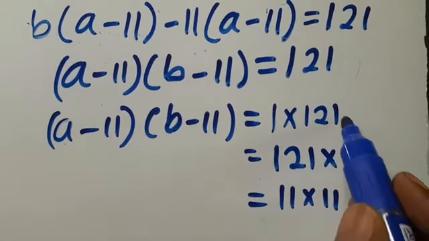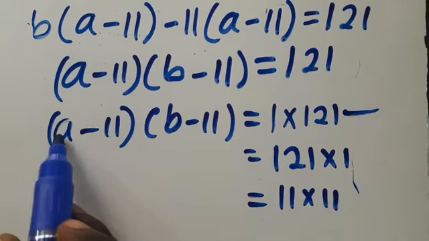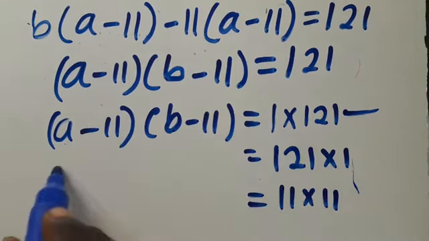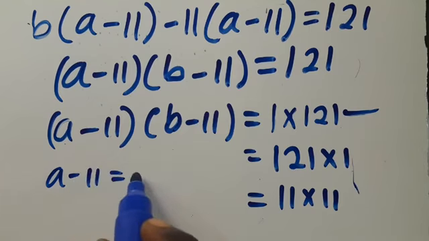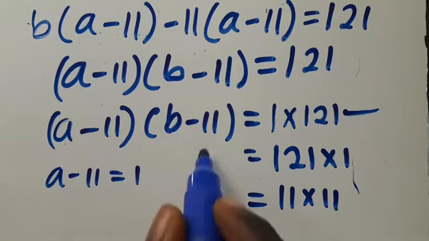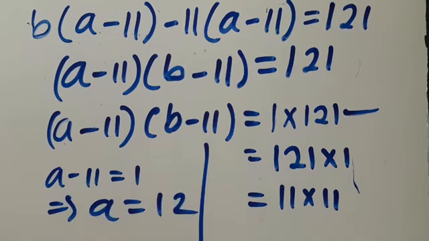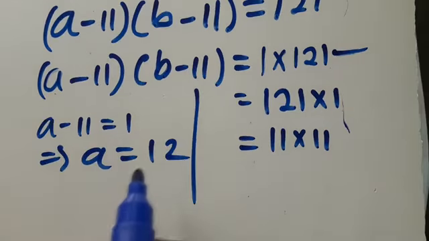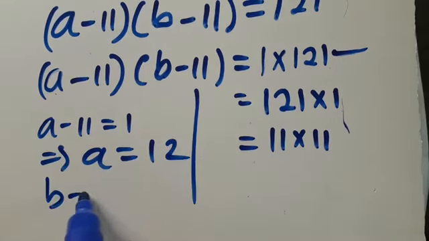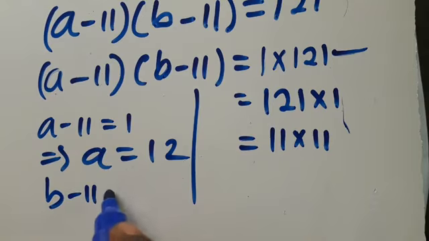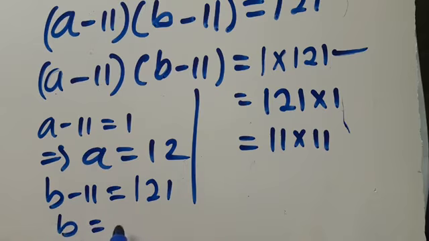So from here, let's consider the first one. It implies that a minus 11 equals 1, and this implies that our a equals 12. Likewise, b minus 11 equals 121, and our b equals 132.